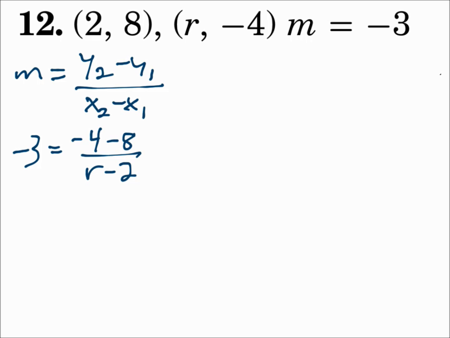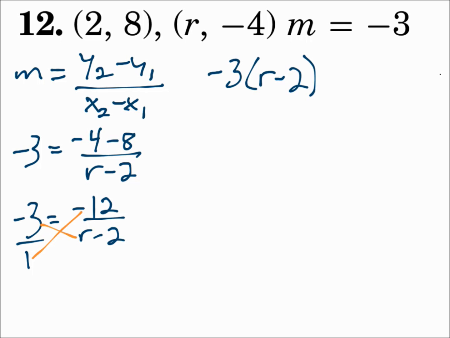Simplify the -4 minus 8 and make it a -12. And let's get fractions. -3 is really -3 over 1, and now I can cross multiply. -3 times r minus 2 will equal 1 times -12. Remember to put the r minus 2 in parentheses.